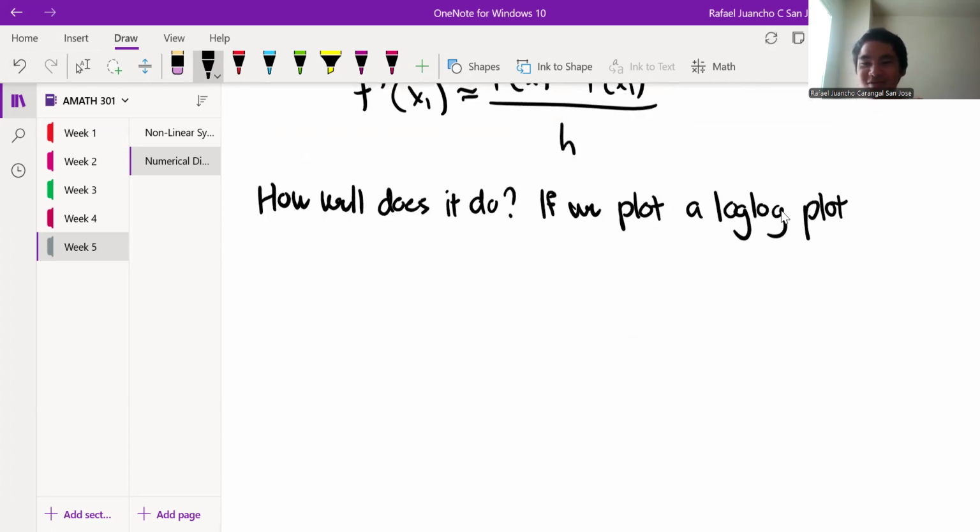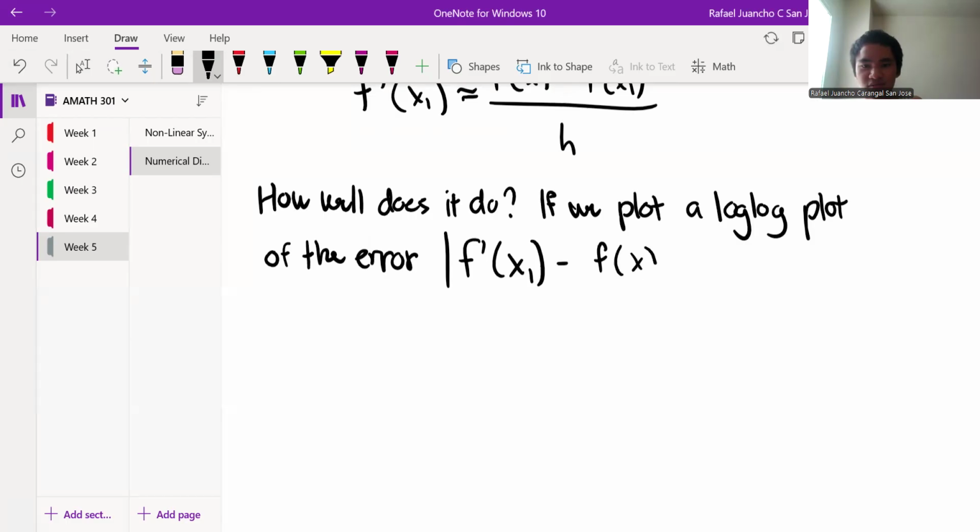But here it means logarithms. So if we plot a log plot of the error, here now we're identifying the error. So we're taking the absolute value of my derivative minus that thing, the approximation.